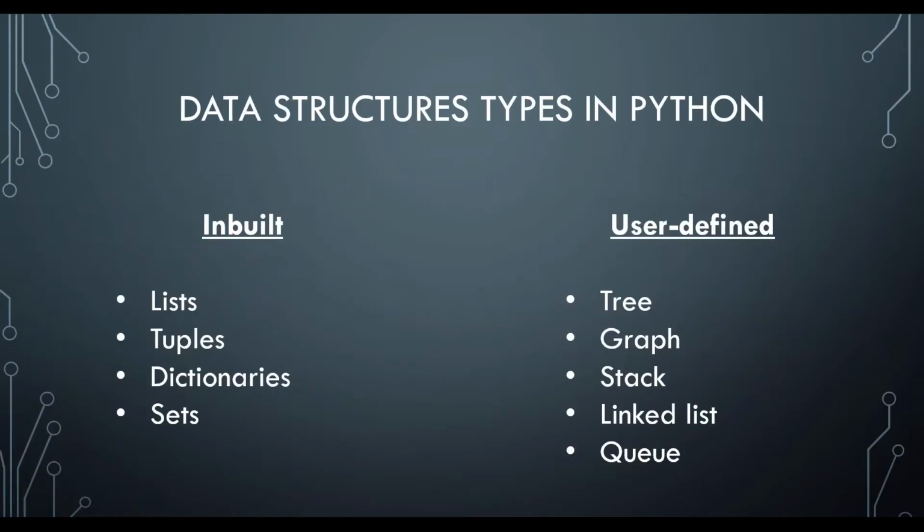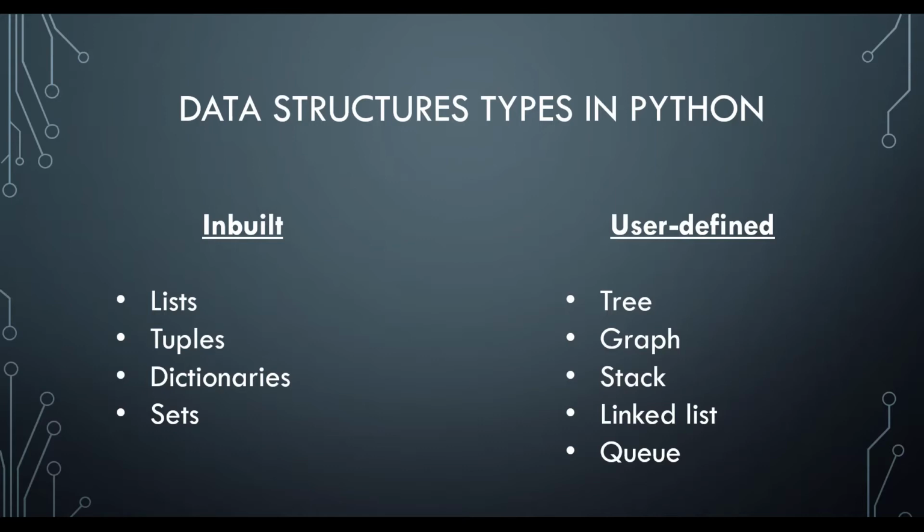We have two types of data structures in Python. We have the inbuilt data structures, which are built inside our programs and in Python. And we have also the user-defined data structures, data structures that you are going to define in your program, and you are going to implement these functions or classes depending on your problems.